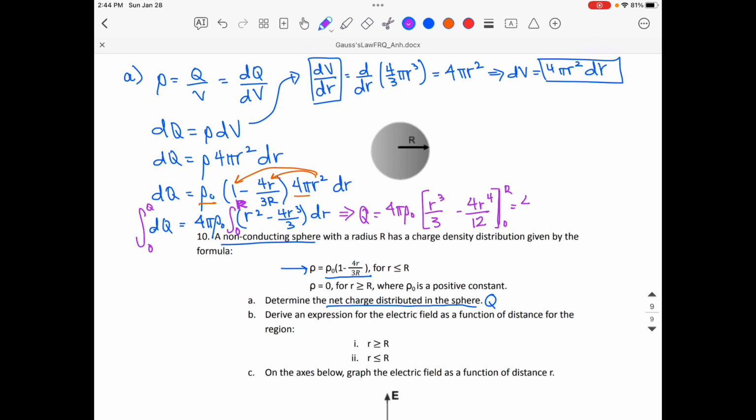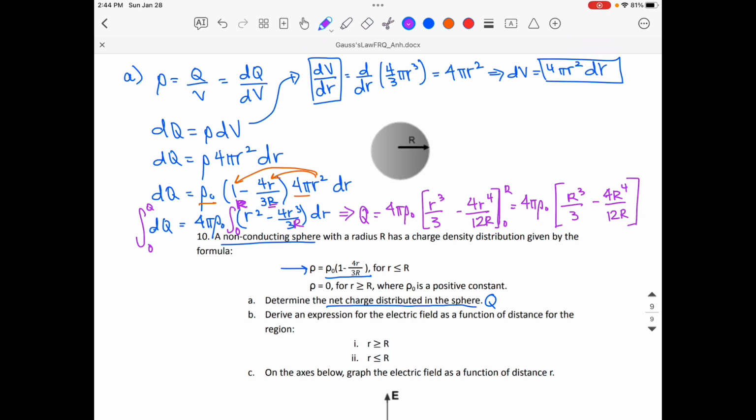And then I end up with 4 pi rho naught, and I'm missing something. This R needs to be part of my equation. So I've got big R cubed over 3 minus 4 big R to the 4th over 12R.